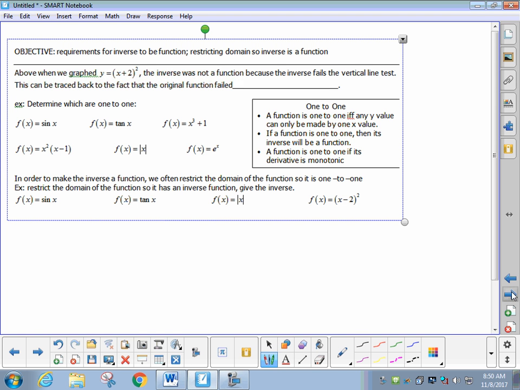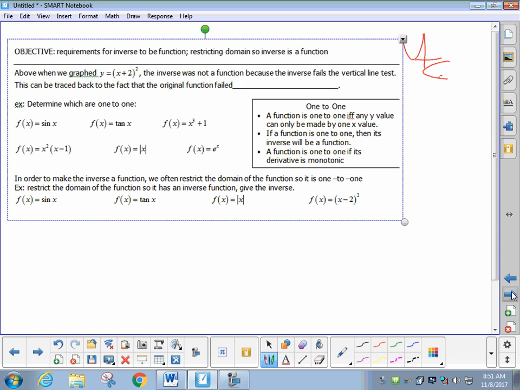So let's go to this. I want the inverse to be a function in many cases, and the only way that's going to happen is if we restrict. Remember earlier when we talked about the parabola and its inverse, this inverse was not a function.